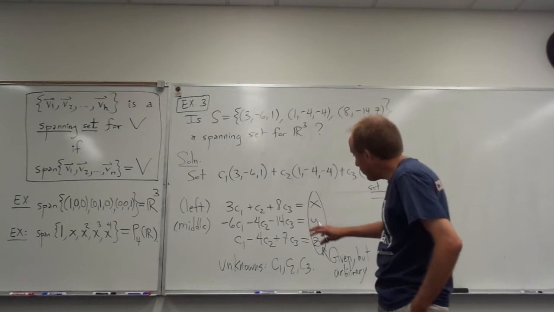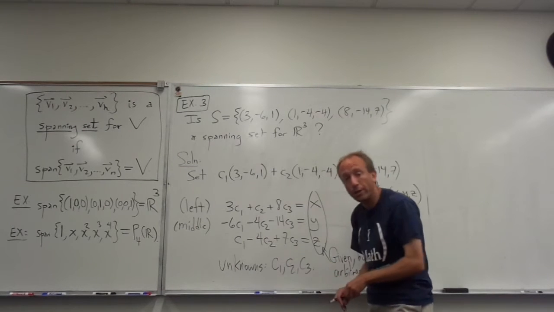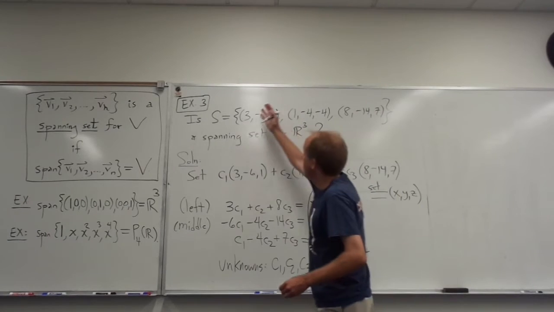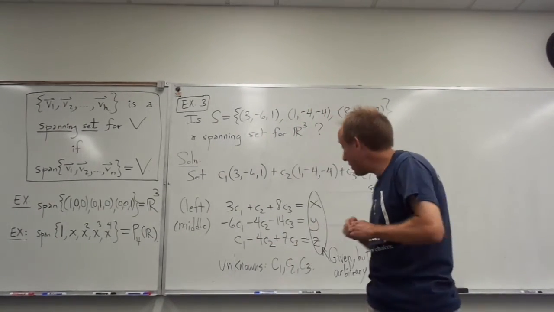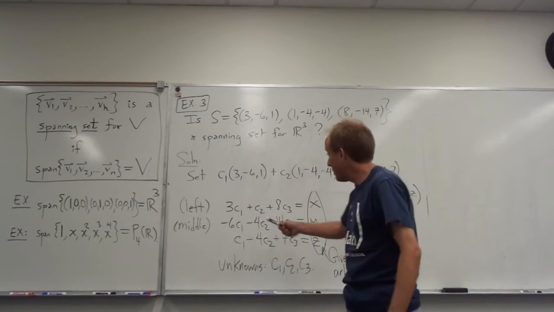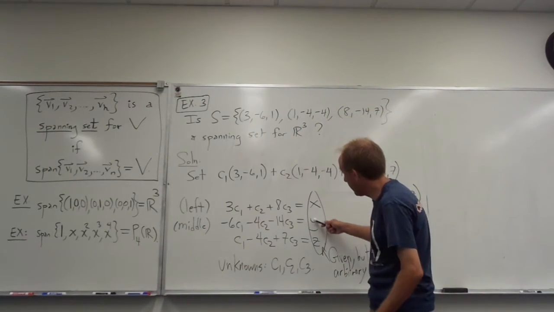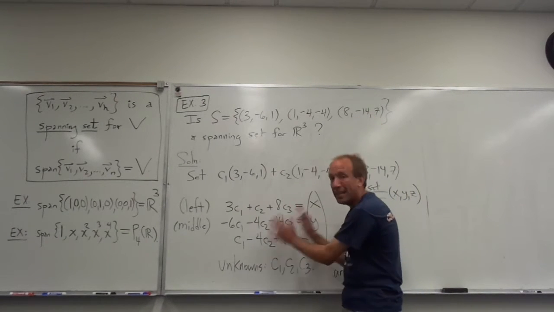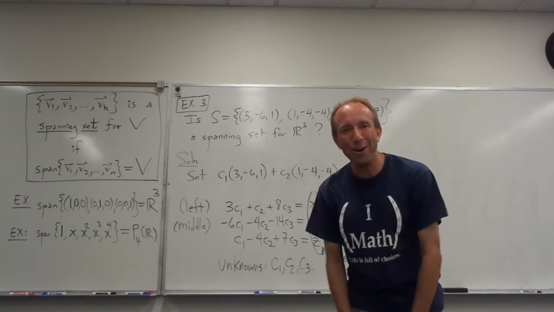If we can solve this system for these 3 unknowns, if we can always do it for any x, y, and z, then that will mean that these 3 vectors in S do indeed span R3. On the other hand, if this is an inconsistent system with 0 solutions for C1, C2, and C3, or at least sometimes 0 solutions, depending on x, y, and z. If there's even one choice of x, y, and z that makes this inconsistent, then the vectors that we started with do not span R3.